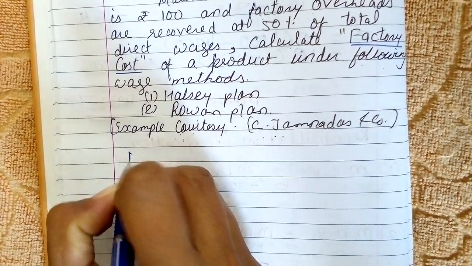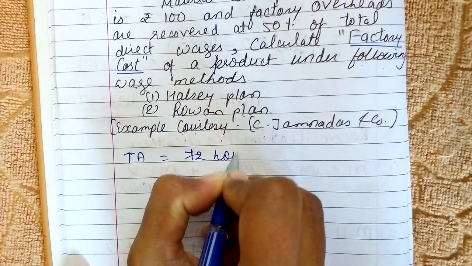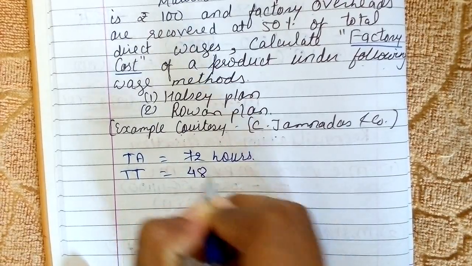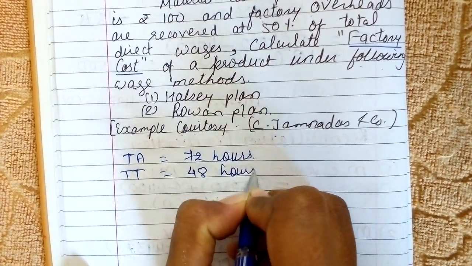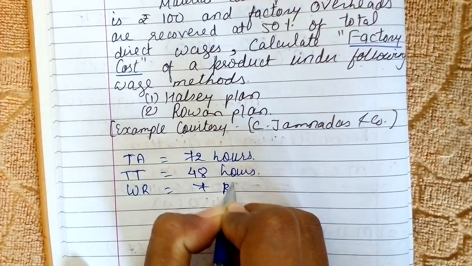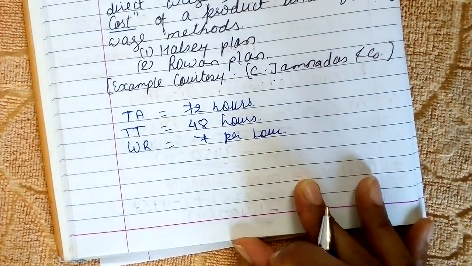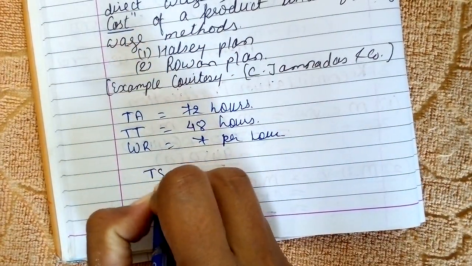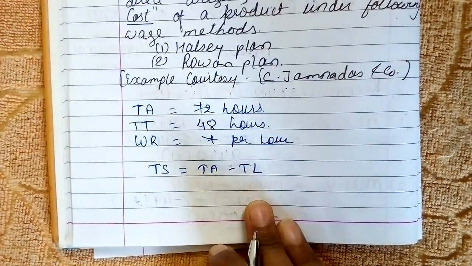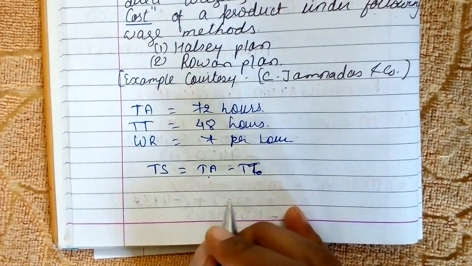So for that, let us write down first: time allowed 72 hours, time taken 48 hours, and wage rate is rupees 7 per hour. This is the basic information that we are going to use. Let us find out time saved. Formula of time saved is time allowed minus time taken.